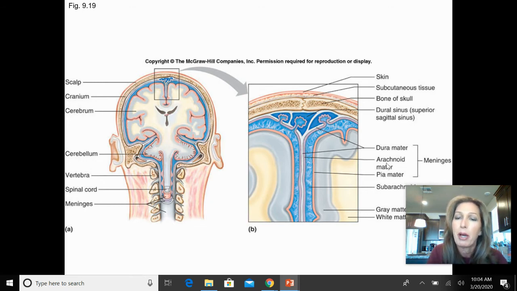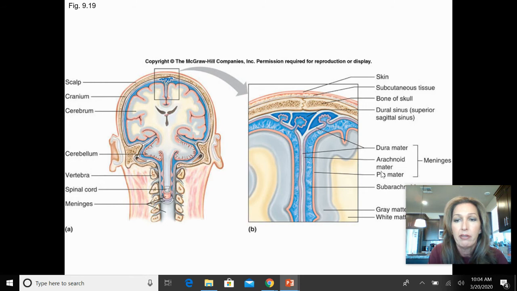The arachnoid mater is then the middle layer. That arachnoid mater, it's called the arachnoid mater because it's very fibrous and it looks like spider webs. And then the outer layer is the dura mater, and the dura mater, super durable, dura mater. But the dura mater then is this really tough outer layer that really encases that brain and spinal cord.